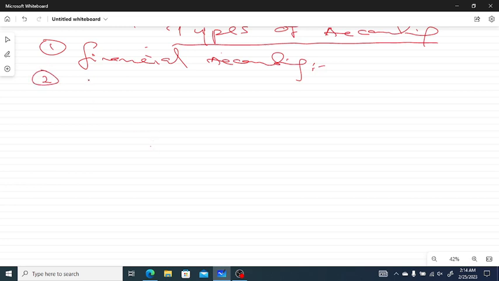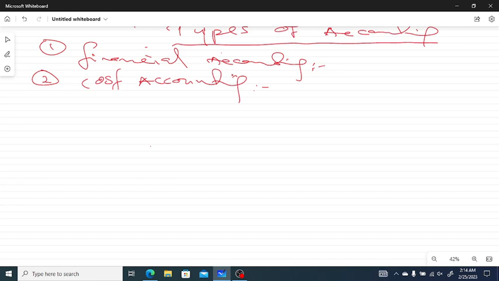Then we have cost accounting. Cost accounting is the procedure of accumulating cost data to provide information for planning, controlling, and decision making by management.